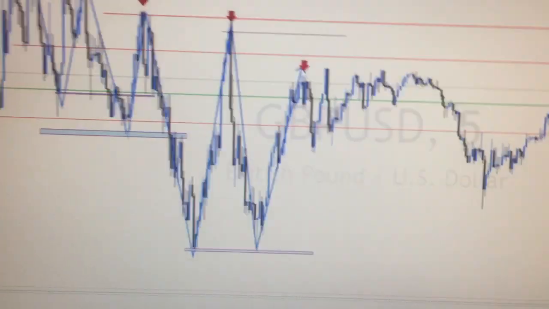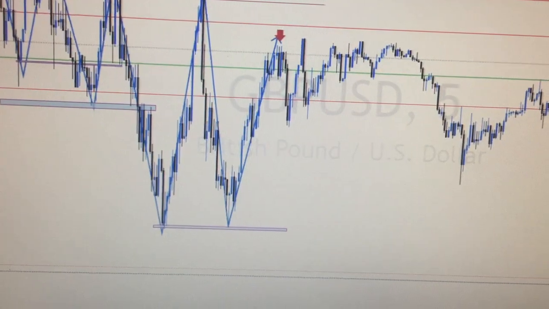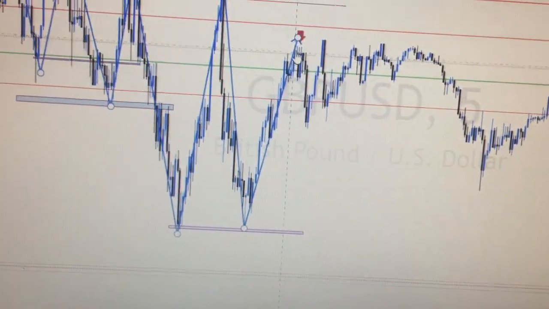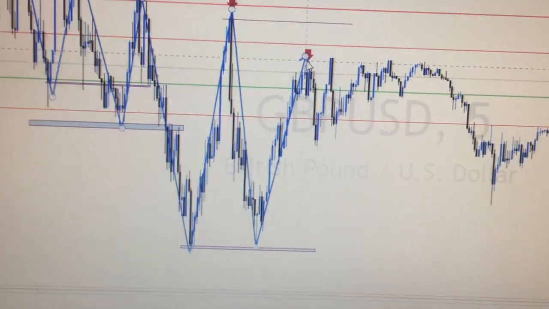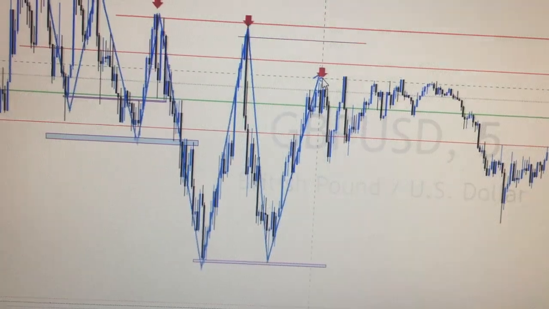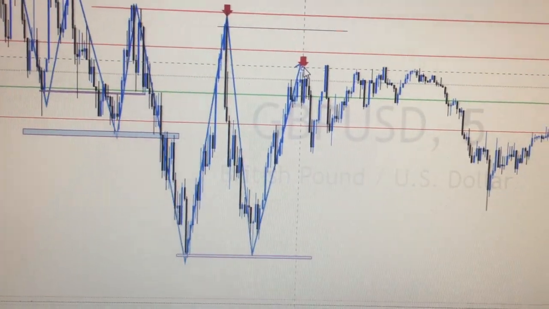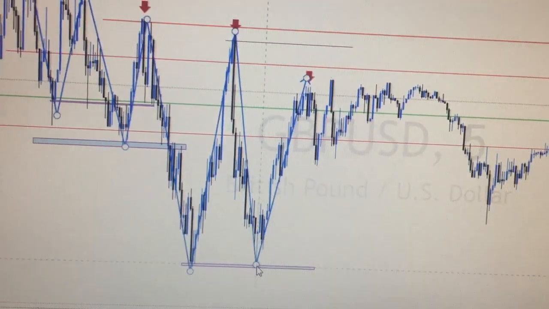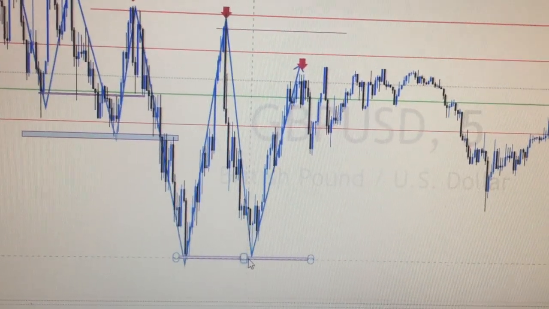Okay, so this is what GBP is doing today. I remember yesterday during the Zoom session, I was talking to my good friends and I told them that I remember this point you marked, and if it breaks above this point is when you're going to buy. And I remember telling them that this zone is highly liquid.